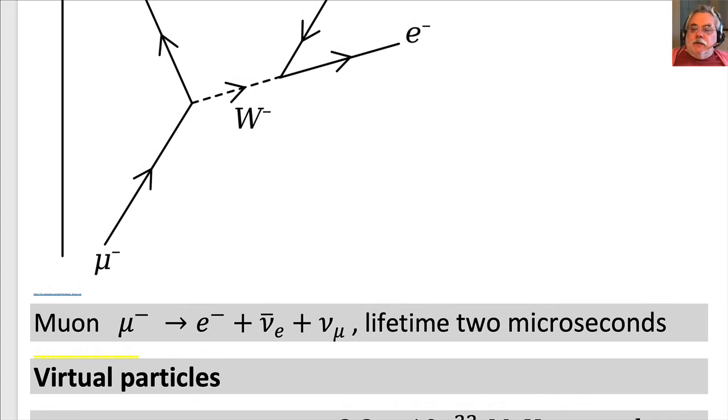G-2 experiments agree with this virtual particle pair theory for the electron to 13 significant figures, the most successful result of any scientific theory and experiment. However, the experimental value for the muon disagrees slightly with the theoretical calculation, possibly due to virtual quark-antiquark pairs, and this is in the news these days.